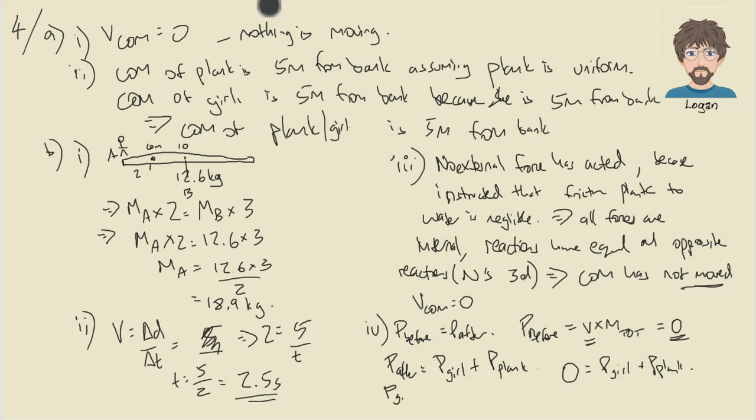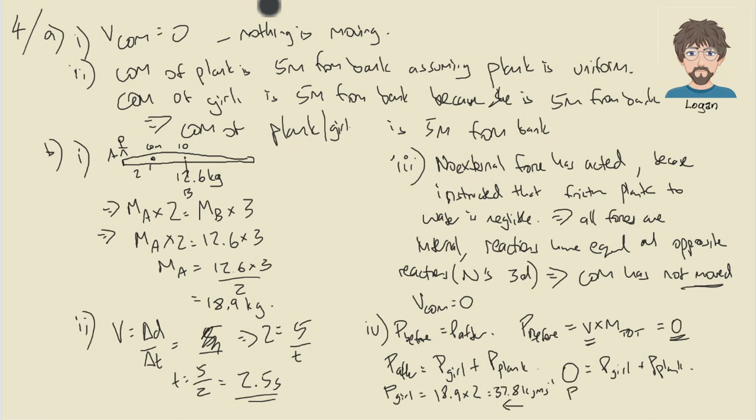P girl is, what's her velocity? It was 2 meters per second, and her mass is 18.9, times 2, which is 37.8 kilogram meters per second to the left.